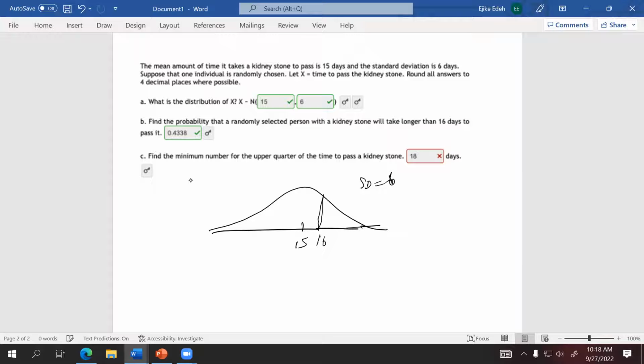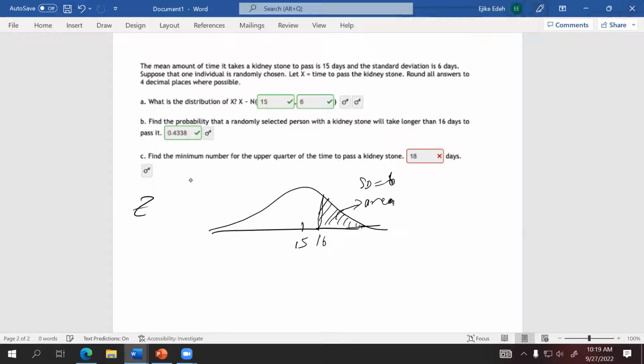But it's saying longer, so we're interested in the area above. You convert that to Z and then find the area, because probability is the same thing as the area you just shaded.